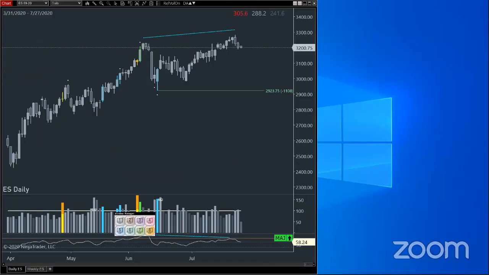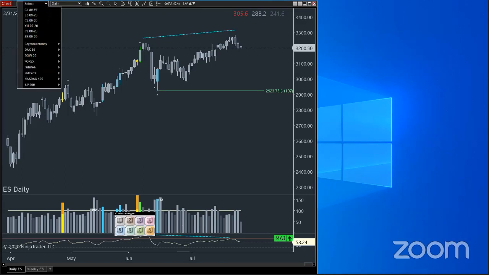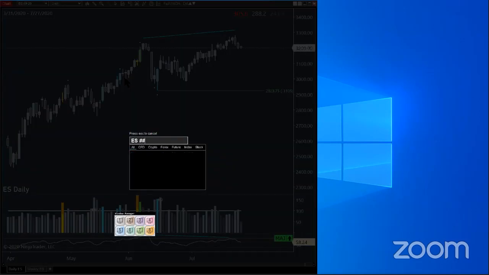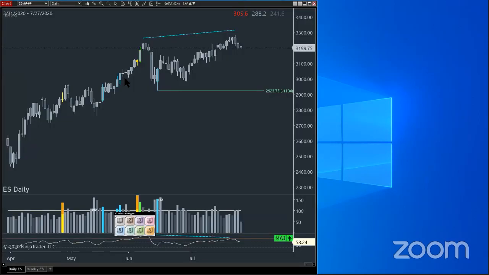Volume is still registering really low, but it's a little bit better, I guess, but it's just popping and cracking. All right. ES pound pound dash pound pound.